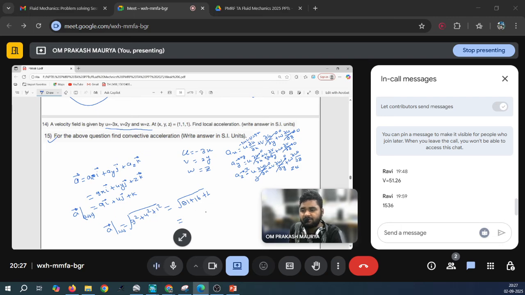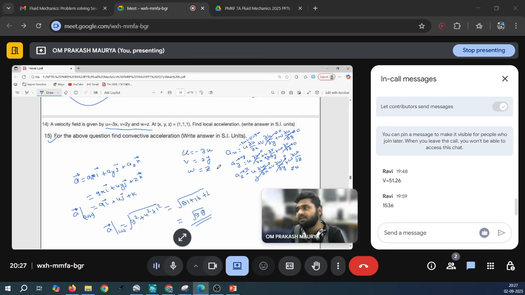So here is 8 and 9. So this will be your final answer for question number 15. That is your convective acceleration for this expression.